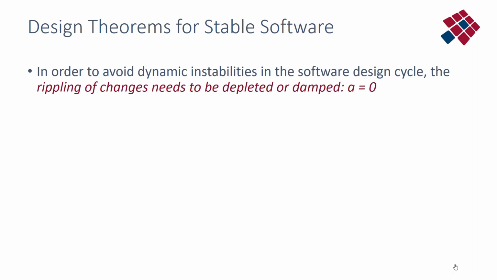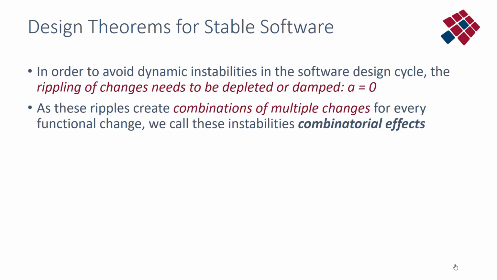Now, in this part we derive design theorems to ensure that we don't have these dynamic instabilities, to ensure that these ripple effects, this rippling of changes, are depleted or damped.